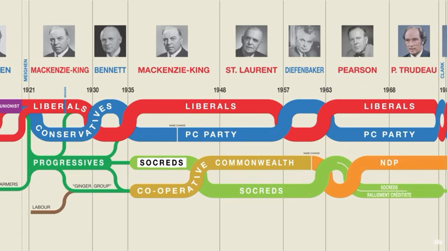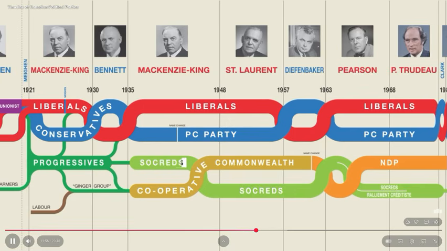Diefenbaker being in any power kind of just essentially made it unstable. Not to diss Diefenbaker, but he came in as leader of the Conservatives in the mid-50s and left in the mid-60s. Exactly the same time frame of Canada being the most unstable since the 1920s.